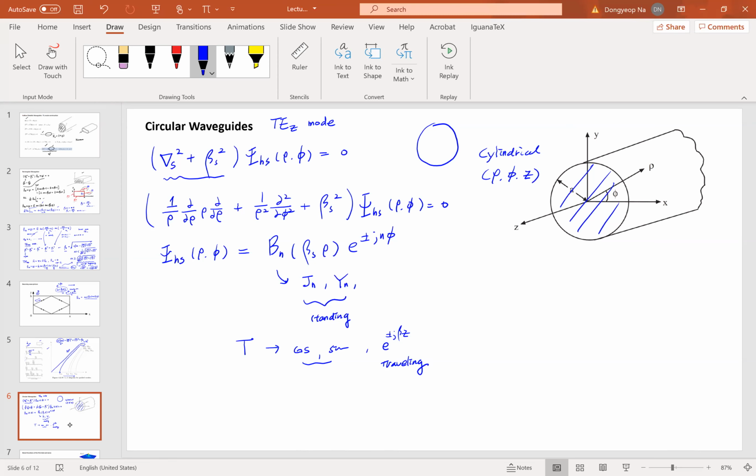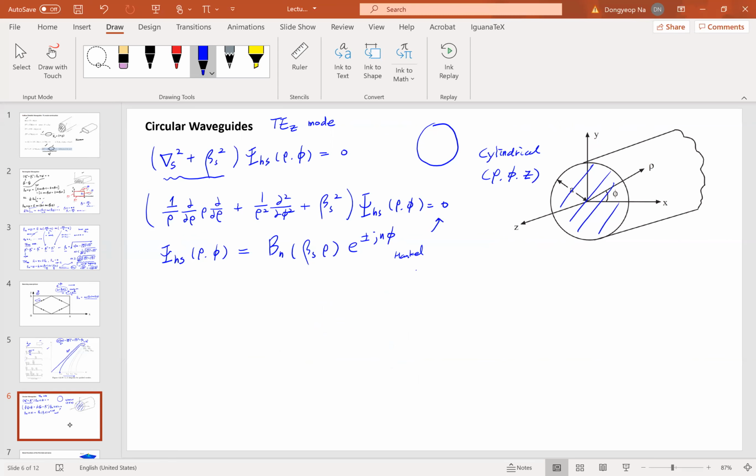On the other hand, the Bessel function is the standing waveform, and there is the Hankel function, first order and second order. It is the counterpart of the trigonometric traveling waves, the traveling waves of this Bessel function. Okay, so this is the general solution of this equation.